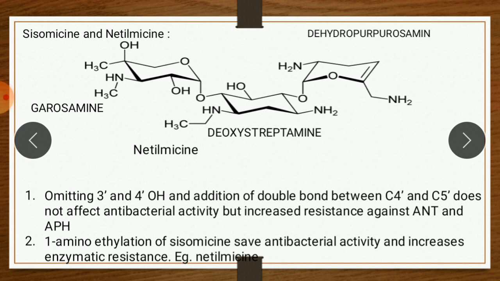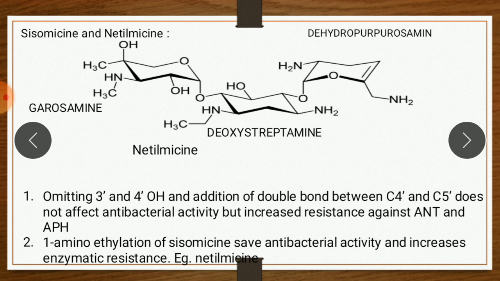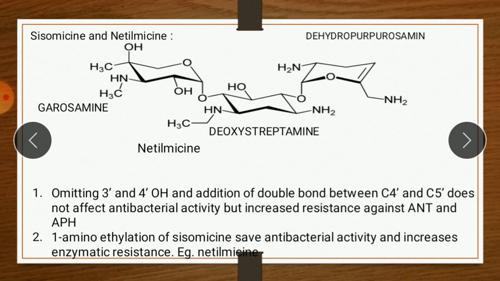Now SAR: omitting the 3 and 4 hydroxyl groups and addition of a double bond between carbon 4 and carbon 5 does not affect antibacterial activity but increases resistance against ANT and APH. In case of kanamycin, there is a hydroxyl group on these 2 positions. Here there is a hydroxyl group, but here there is a double bond.